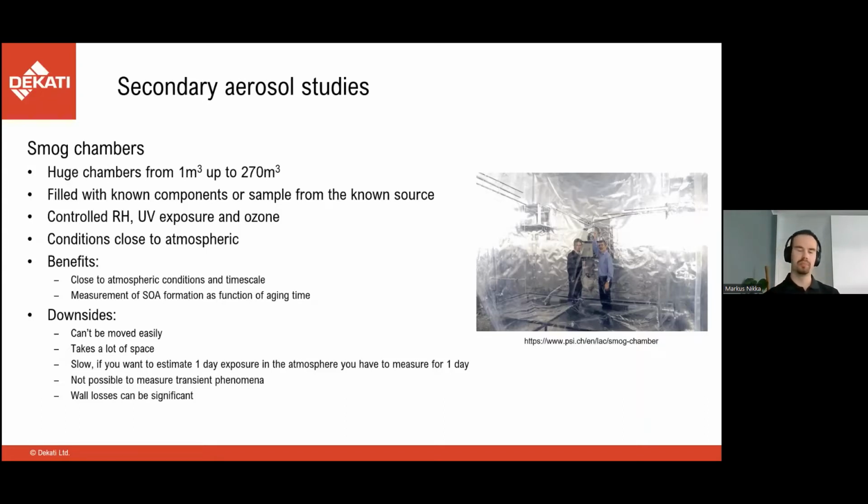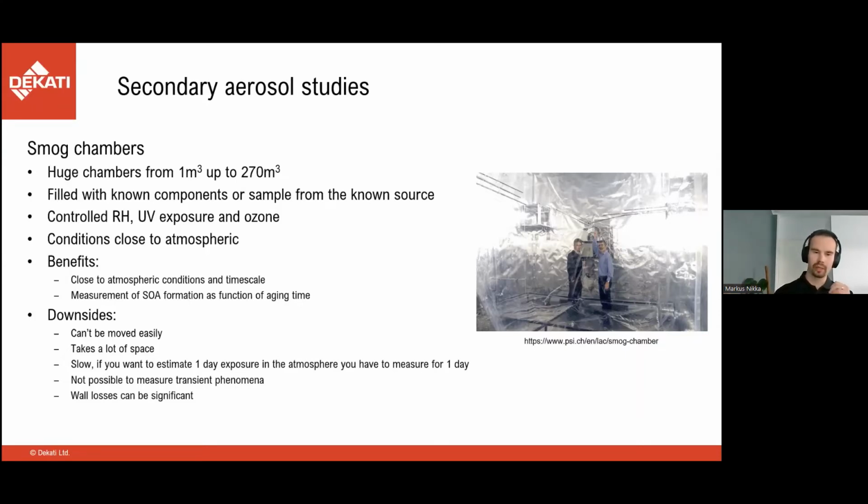And conducting a measurement is quite slow. Typically, these processes take from hours to days in the atmosphere, and if the conditions in the chamber are similar to the atmosphere, it means the measurements in these chambers will take from hours to days, and it's not possible to measure transient emission sources with this kind of reactor because the residence time and response times are so slow.